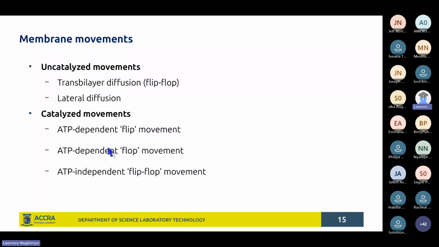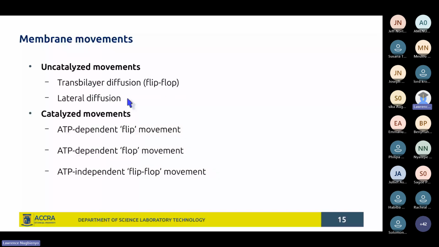You can have uncatalyzed movements, uncatalyzed in the sense that there is no participation of an enzyme in the movement of the lipids. Those phospholipids which are in the bilayer move themselves without any participation of enzymes. So those are uncatalyzed movements, and you have two of them. You have what you refer to as transbilayer diffusion, also referred to as flip-flop.